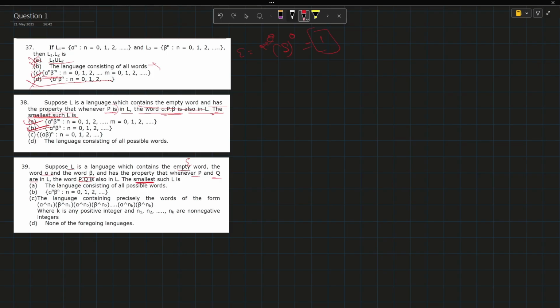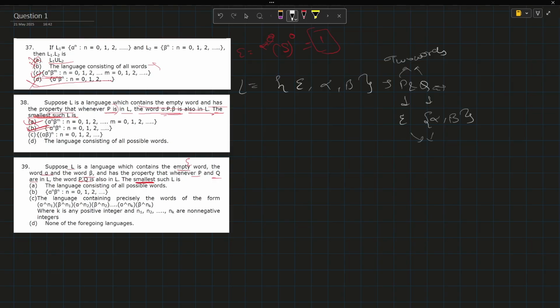So starting from the question, let me write down the condition. L contains the empty word, alpha and beta. Now if we take P and Q as two words, for the first step we take P as the empty one and Q as any of alpha or beta.